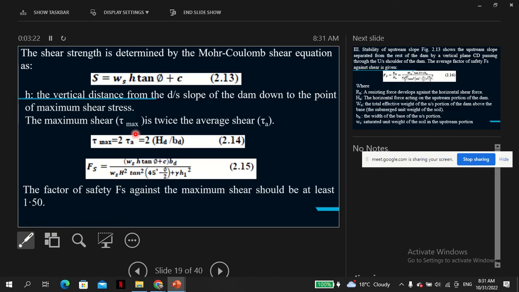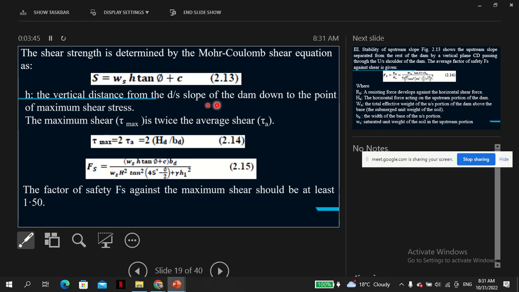And then the shear strength is determined by the Mohr-Coulomb shear equation, which is WSH, this is sigma, sigma tan phi, plus C.